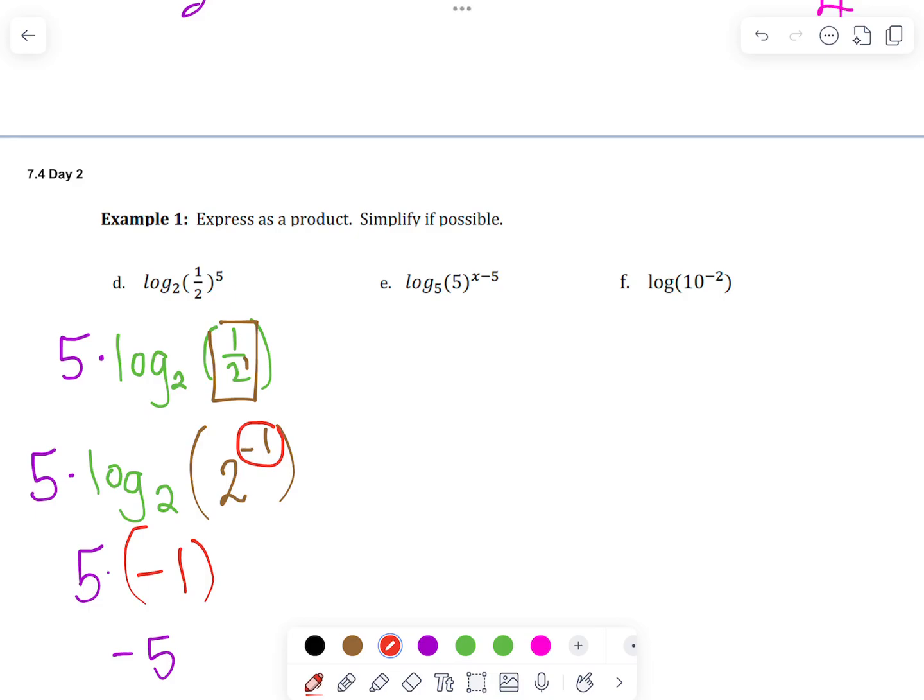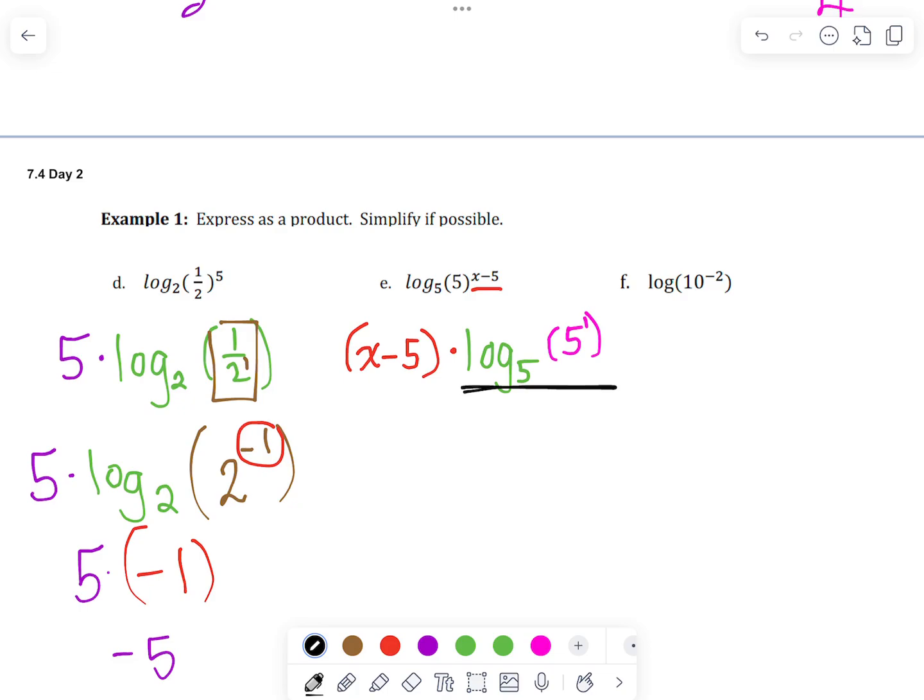Next example, here's our exponent. We can bring that down in front. When you bring that down in front, you do want to create parentheses because it's the entire x minus 5. And then we have our logarithm of base 5, and then that other 5 is still left raised to the 1st power.